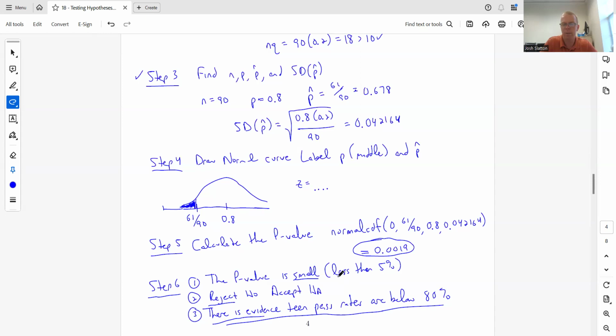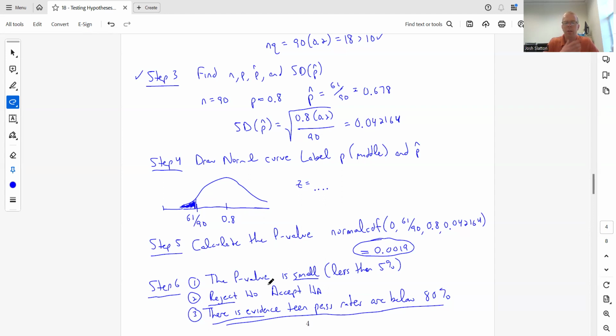It is not less than 5%. We would fail to reject the null hypothesis, and then we'd say there is not evidence teen pass rates are below 80%. So again, keep all the positive statements in this conclusion together, keep all the negative statements together, and it's all based on the p-value. Is the p-value small or is it not small?